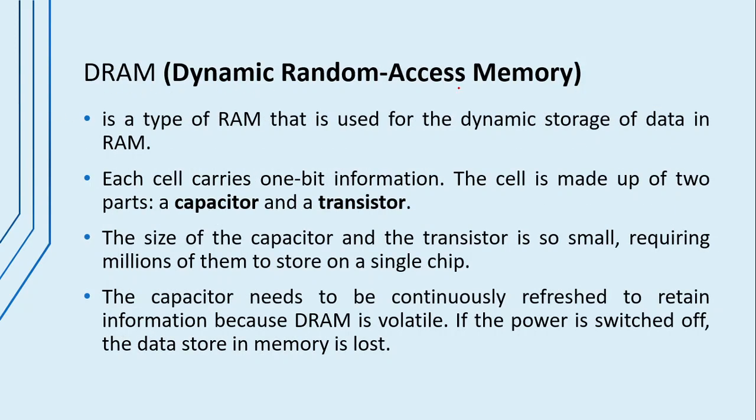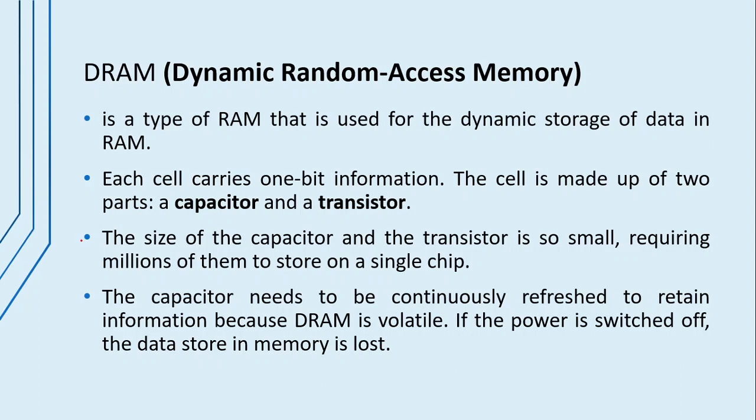Now first we will see the DRAM, that is dynamic random access memory. It is the type of RAM that is used for dynamic storage of data. Based on the kind of implementation, there are two types. In dynamic RAM, the implementation is based on dynamic cells.